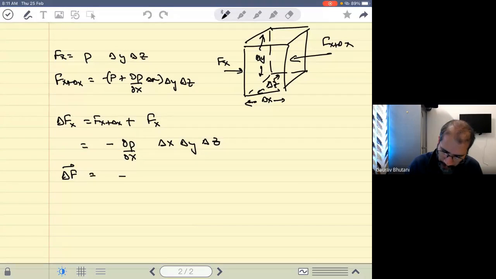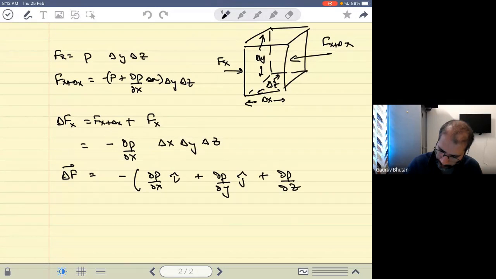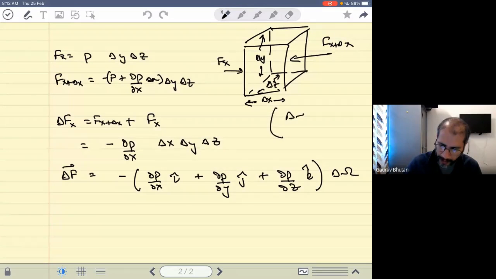This will be minus del p by del x along i cap, plus del p by del y along j, and then you have delta x, delta y, delta z, which I'll call delta omega. So delta omega is the overall volume of this infinitesimal element.